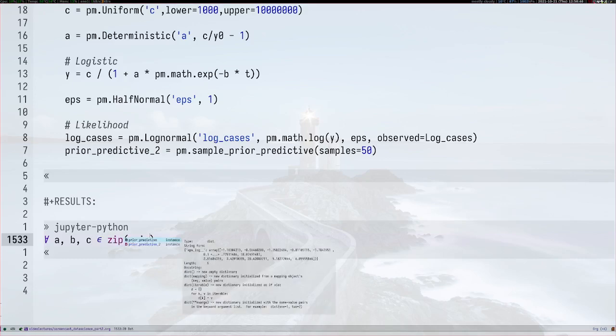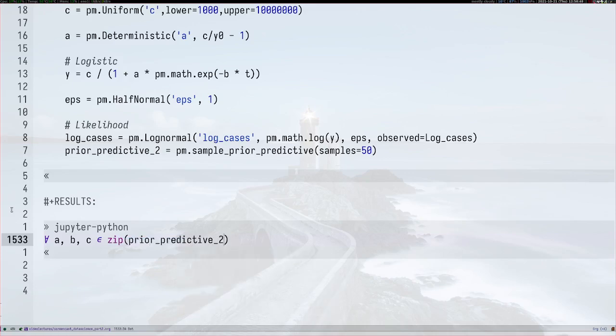So I'm going to get prior predictive 2, because that's what we called it here. First for the parameter A, prior predictive 2 for the parameter B, and prior predictive 2 for the parameter C.